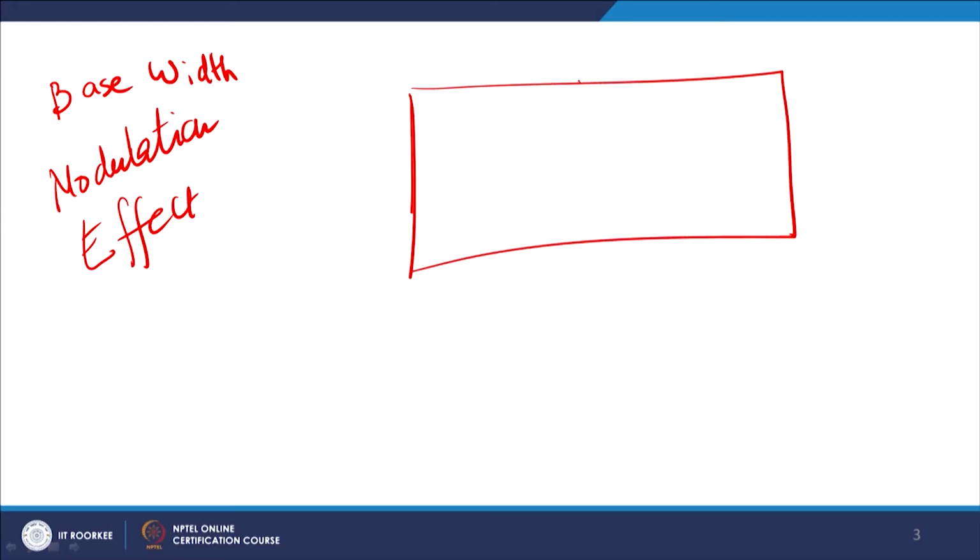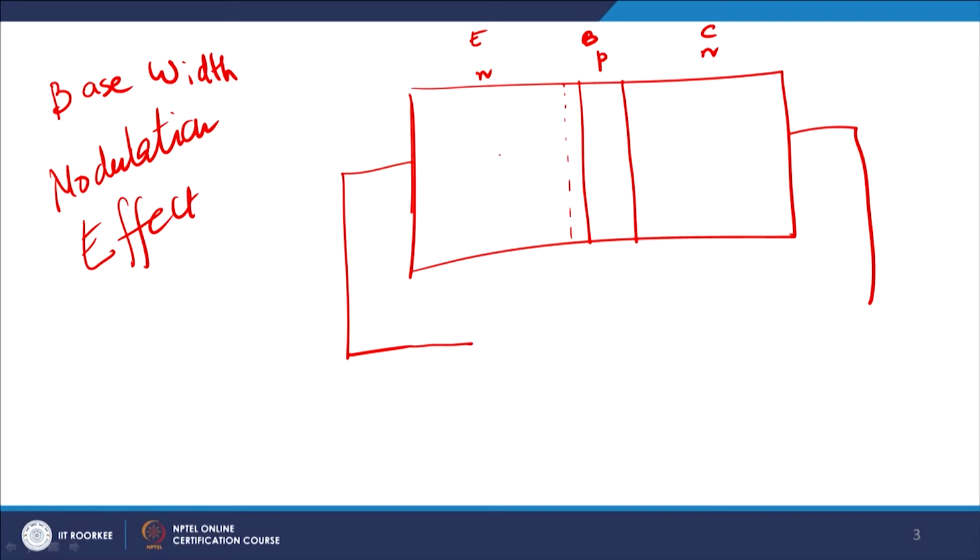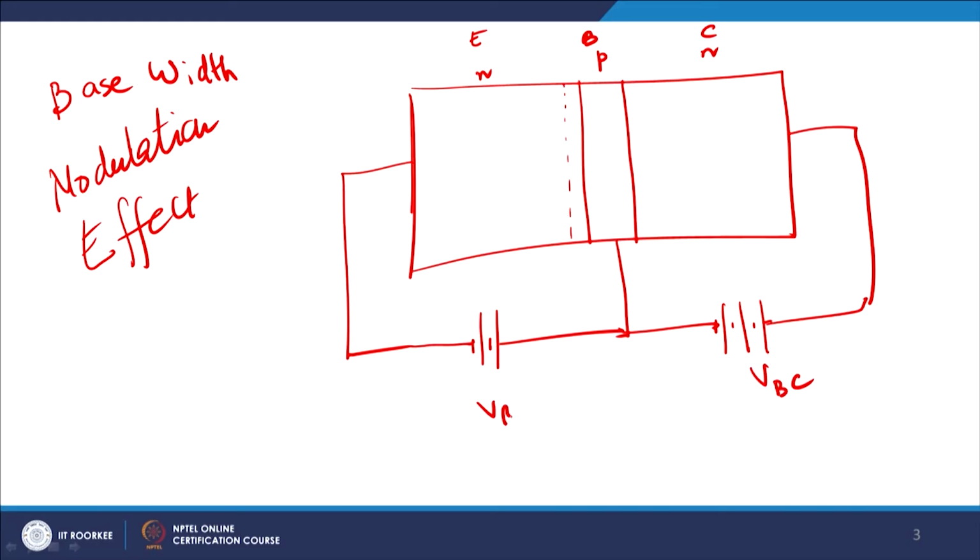If we have a base like this, in forward active mode, and assuming this to be an NPN with emitter, base, collector, then we bias it such that the emitter base junction is forward biased and the base collector junction is reverse biased. So I define VBC and VBE.